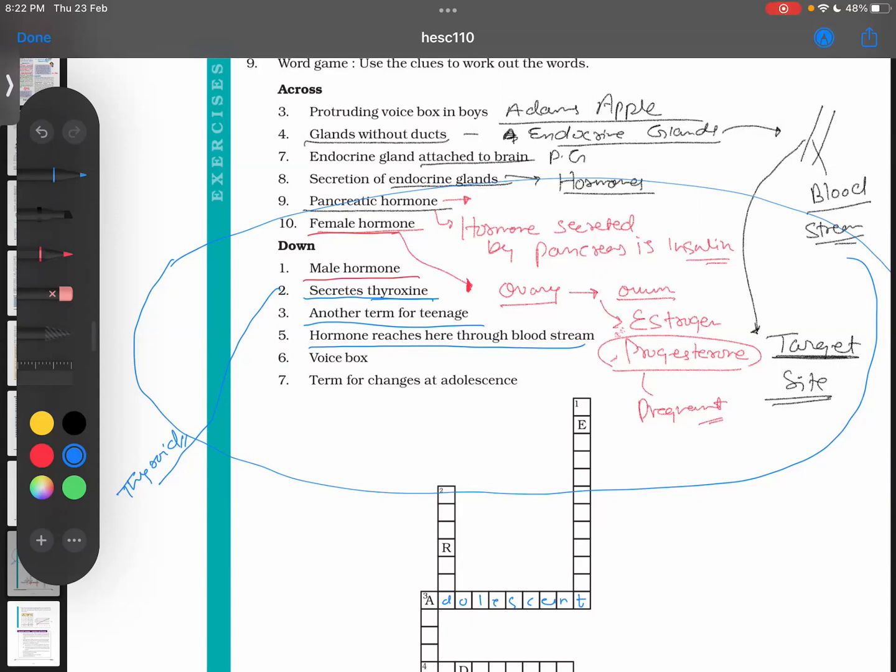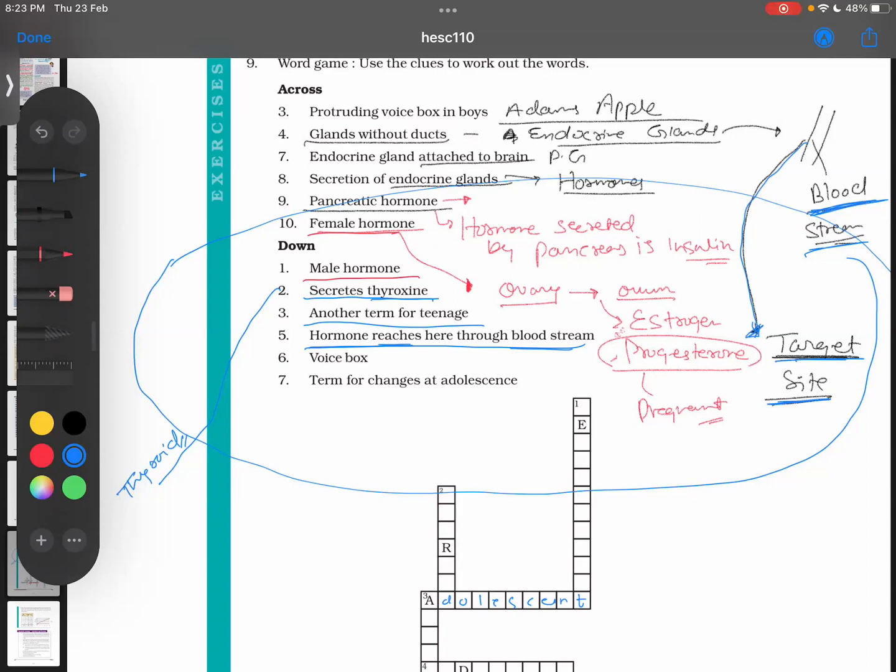Read the question carefully and recall what we discussed in the chapter. No, endocrine gland is secreting the hormone. But here the question is that this hormone is reaching a certain place through bloodstream. Can't you see here I've written bloodstream, and I have made an arrow, that through the bloodstream the hormone reaches the target site.